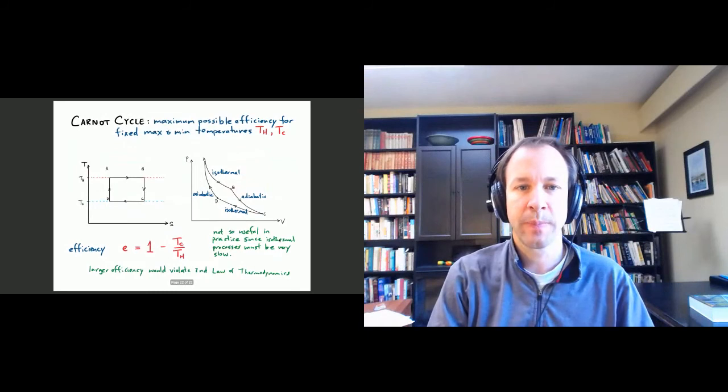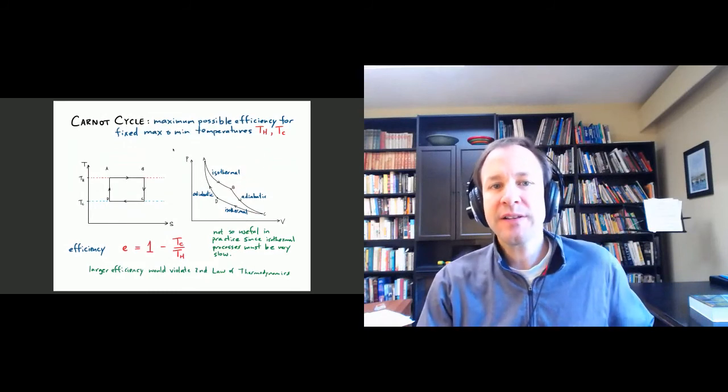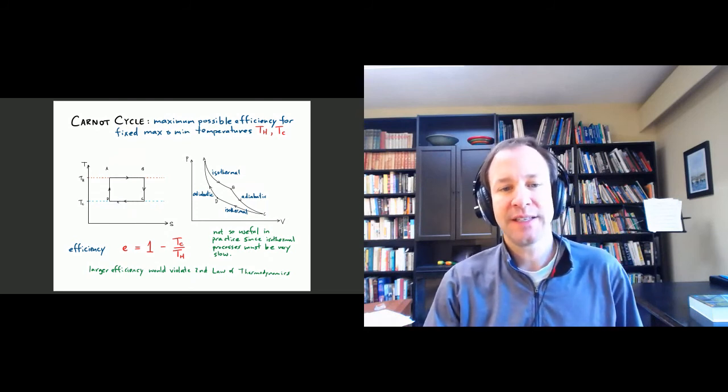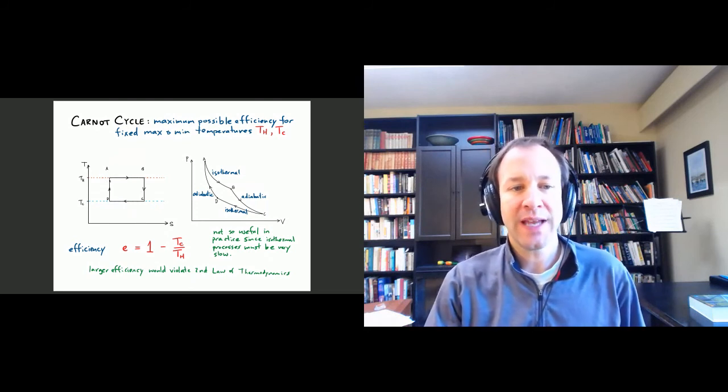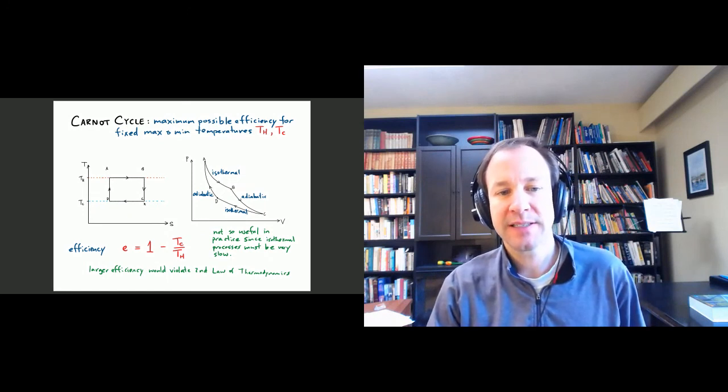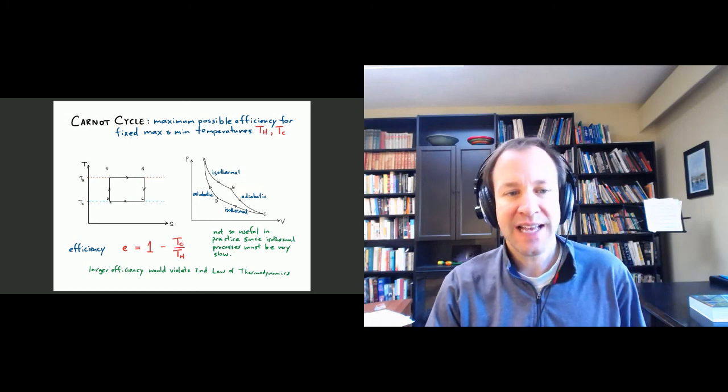Okay. So here is a summary of that Carnot cycle. It was very simple on the TS diagram. We have a constant temperature process here, a constant entropy or adiabatic process here, constant temperature here, and adiabatic here.